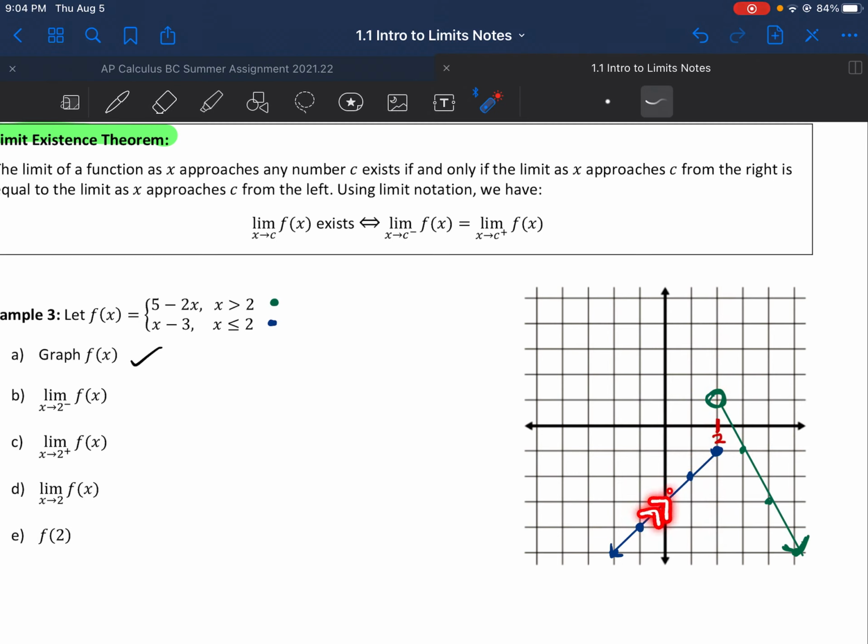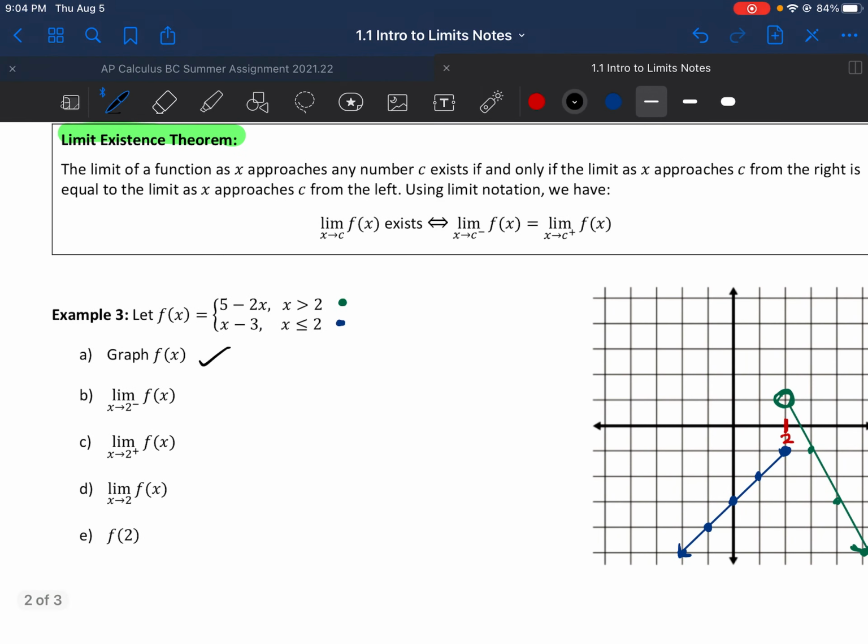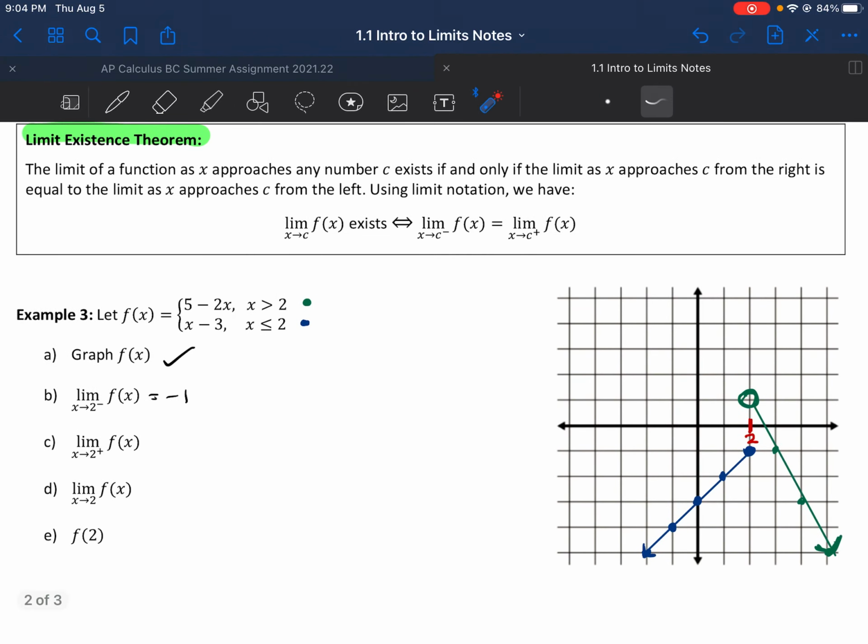If I start approaching 2 from the left, the y values are getting really, really close to -1. So that would be our left-sided limit. The limit of f of x as x approaches 2 from the left is equal to -1.